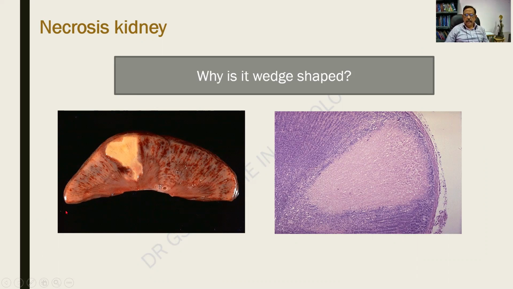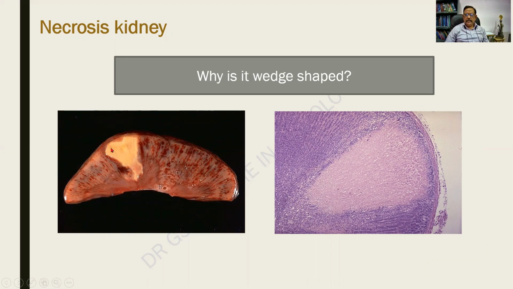Okay, since it is somewhat reniform in shape, and then there are some striations, I presume that it is a kidney. Actually, we should identify by means of the ureter and so on. There is an external capsule.